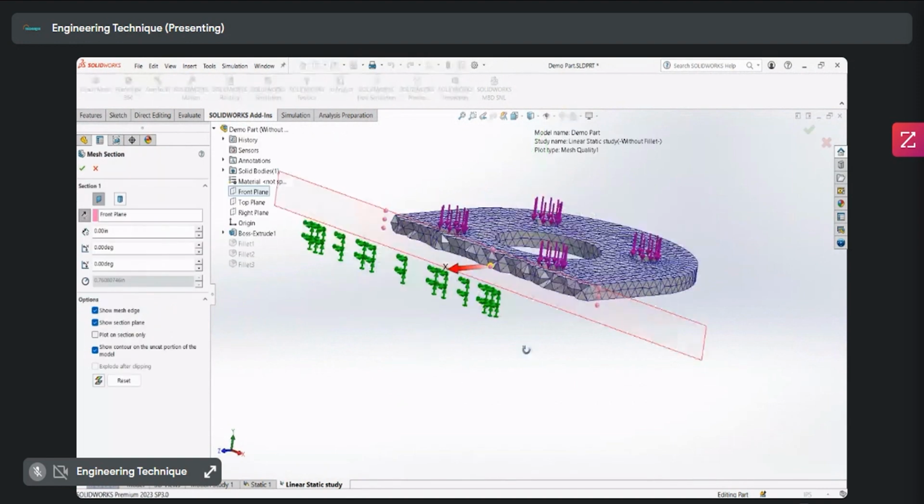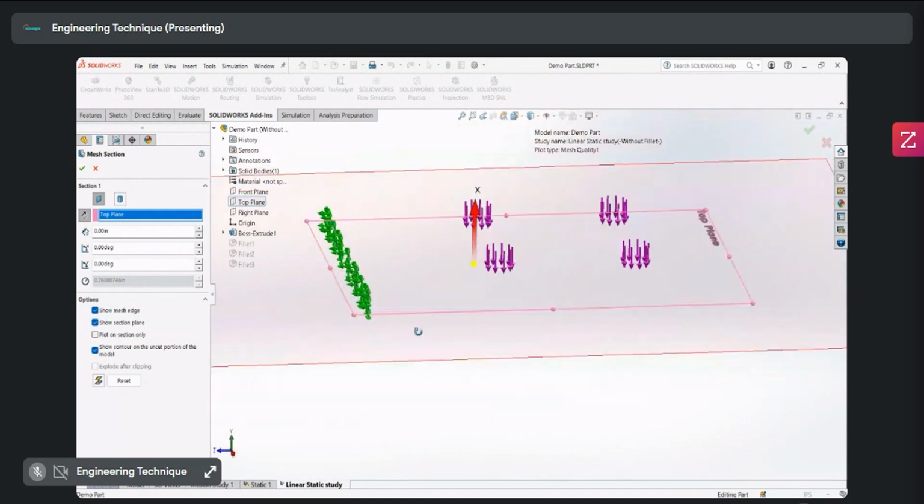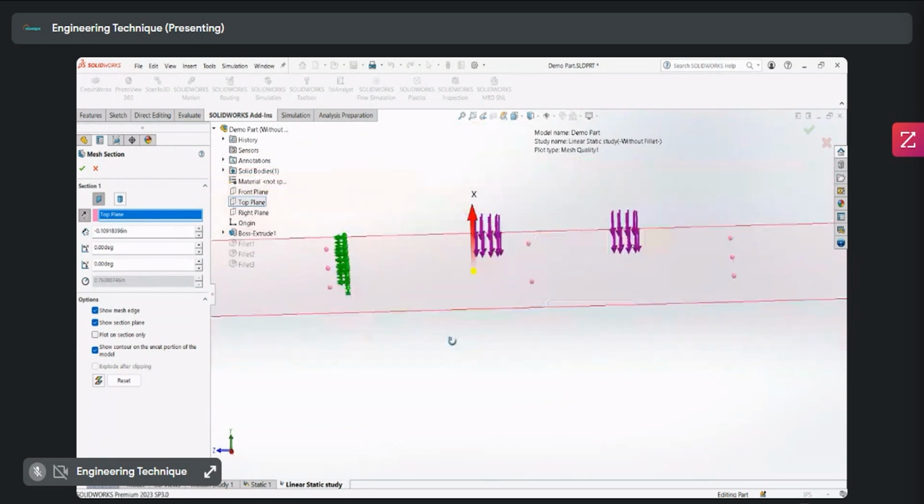So this is the section along the front plane. This is the section across the top plane, upward and downward. Okay, this is the top plane part.